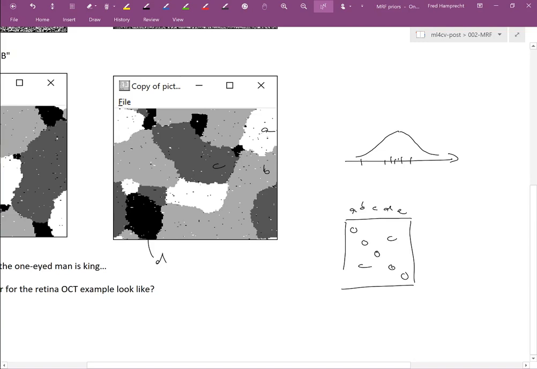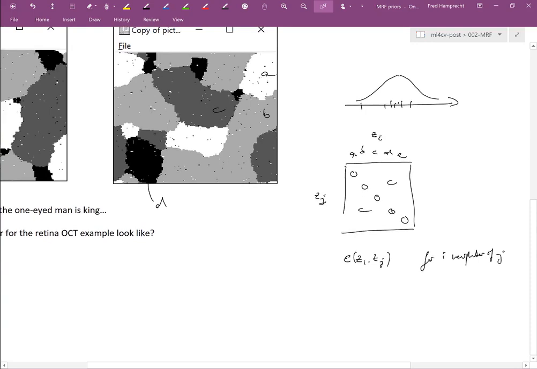So if I have, let's say, this is for pixel Zi, and this is for pixel Zj, the table that I've plotted here is the energy that depends on Zi and Zj for i being a neighbor of j.